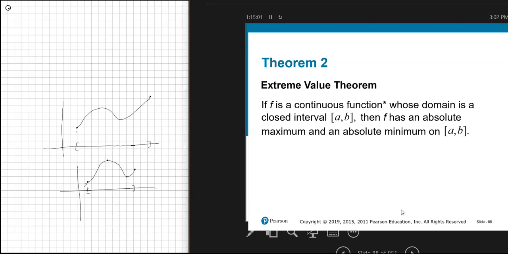Then you list them. That's all this is saying. So it's a useful tool in mathematics.